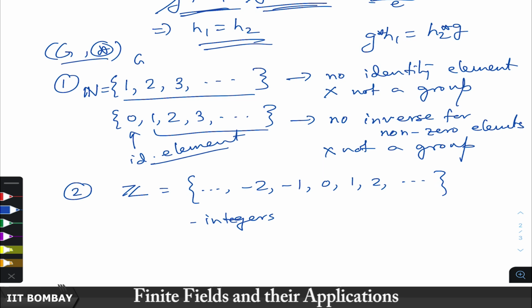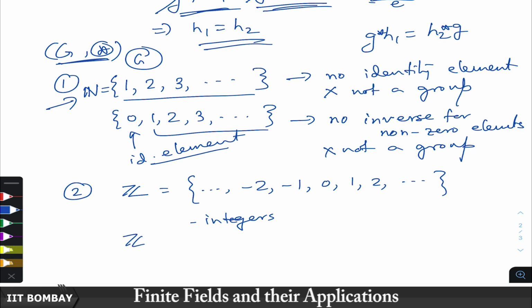So, we do not always write this pair, we simply write G is a group, but what we really mean is that G together with that operation is a group, and the operation must be understood from the context. If it is not understood, then it does not make sense to talk about a set being a group. So, here when I was explaining this, I meant it is not a group under addition.